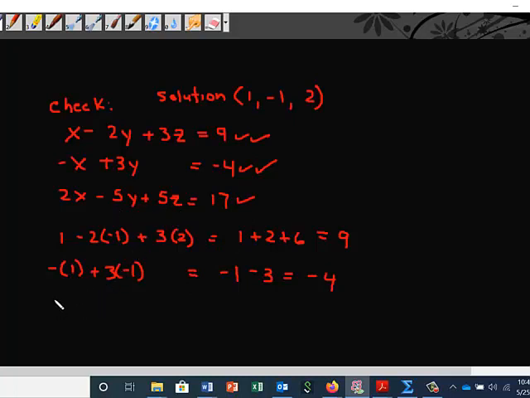Just to be sure, you say 2 times 1 minus 5 times negative 1 plus 5 times 2 is going to give us 2 plus 5 plus 10, right? 2 plus 5 is 7, plus 10 is equal to what? 17. So we see that that's right. So we know that the solution for this system is absolutely, undisputably correct.